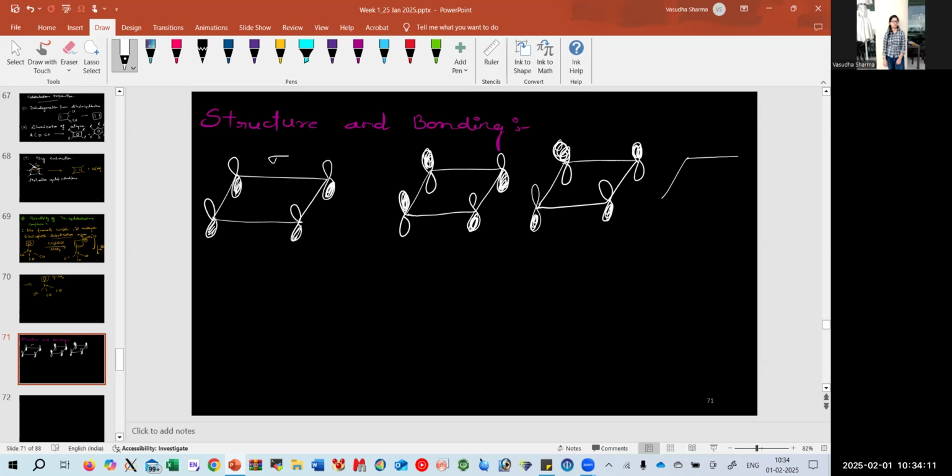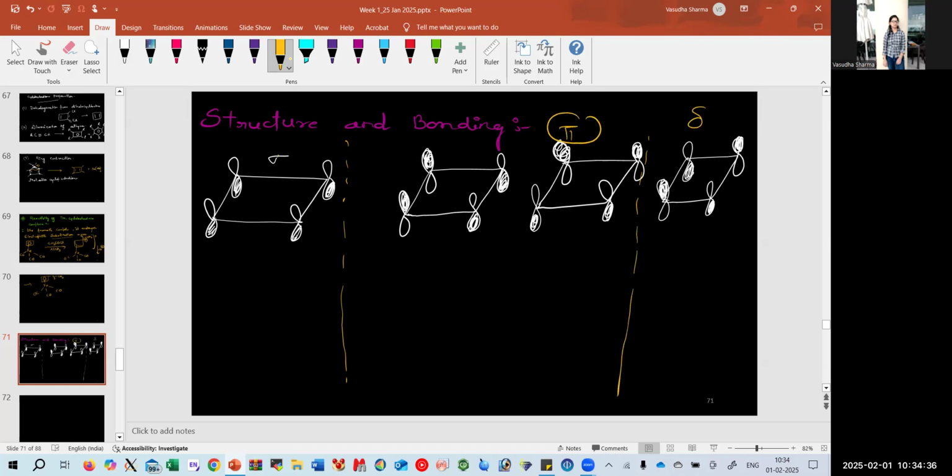And the last one, the diagonal lobes. So this category is pi, these are deltas, and this is sigma. And this was with the ligand.